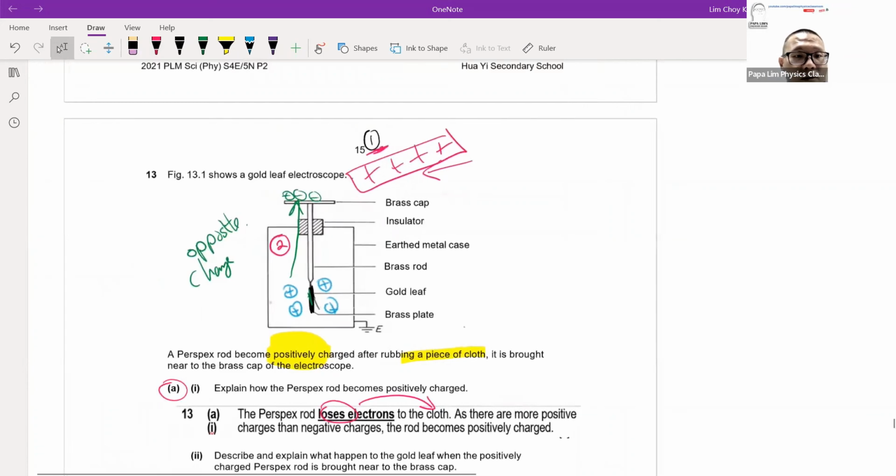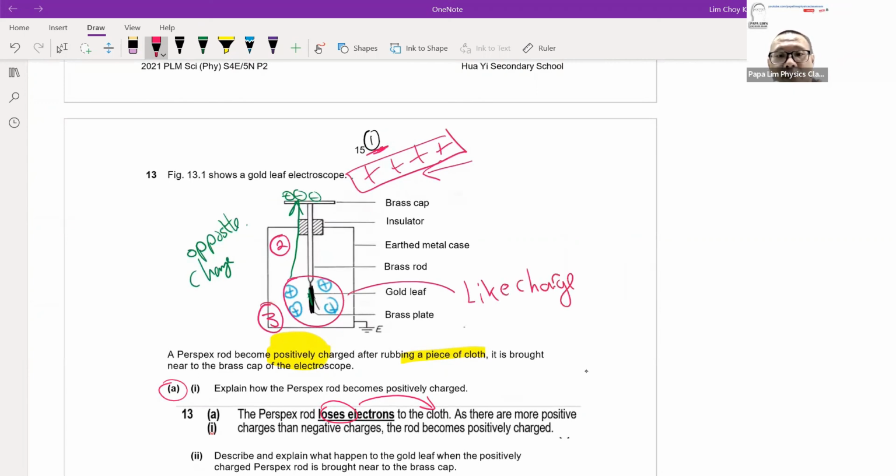Because all the positive charges are at the bottom now, we have what we call like charges, and because of the like charges, they will repel each other.